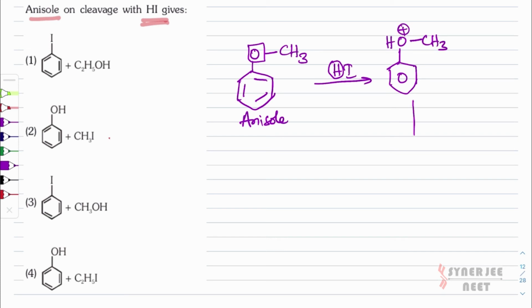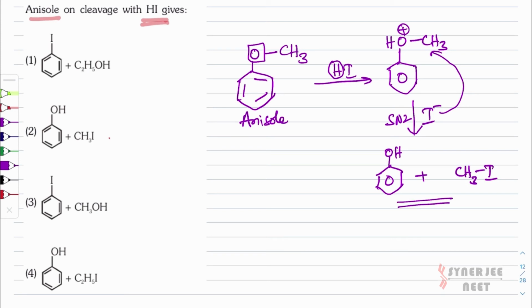After that, I minus attacks the carbon through the SN2 mechanism, and it breaks the compound into phenol and methyl iodide. So these are the final products.